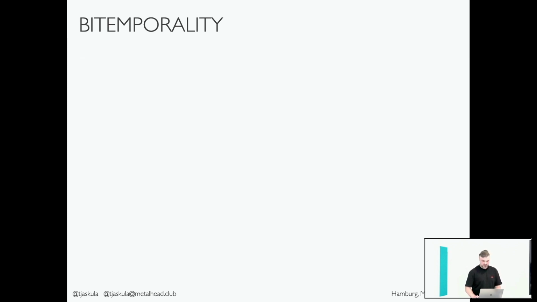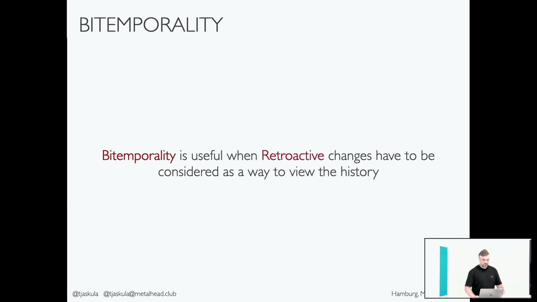And yeah, so the question is, bi-temporality, where should we use it? We should use it when we need to take into account retroactive changes, and they have to be taken into account in a history.